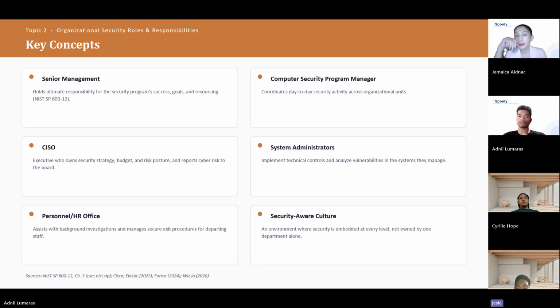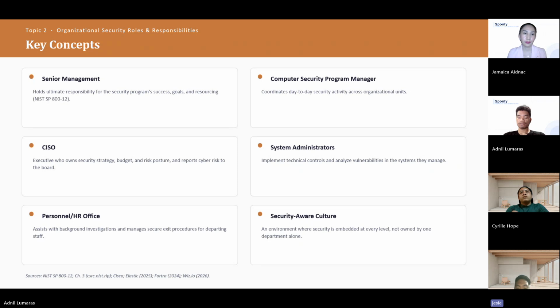At the executive level, this coordinating function is increasingly held by a Chief Information Security Officer, or CISO. Industry sources describe the CISO as the executive who owns the organizational security strategy, budget, and risk posture, translating regulatory requirements into working security programs, and reporting cyber risks directly to the board or equivalent governing body in many mid-sized and larger organizations today.